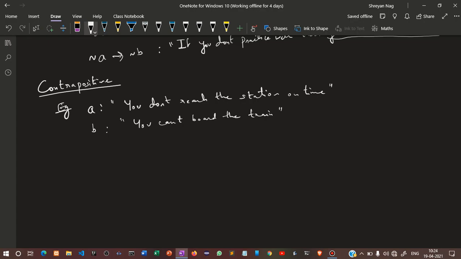If you write this in the normal conditional form, A implies B, we use if and then.